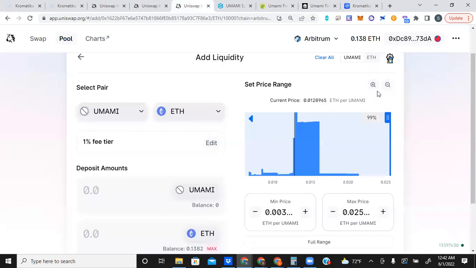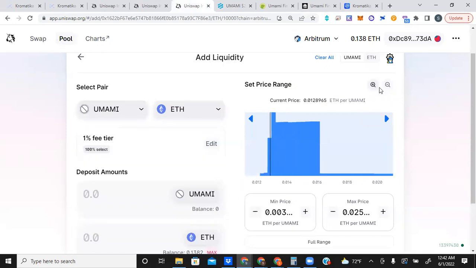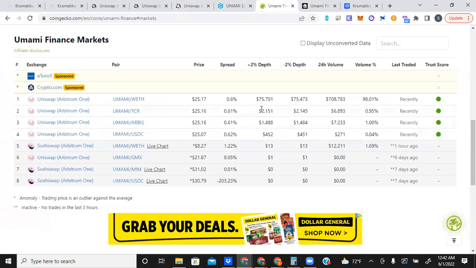So we know that we have that much support here. And from there, I can tell you that before we increased the supply, we had about 14 to 21,000. So we basically did 3 to 4x of the liquidity depth.